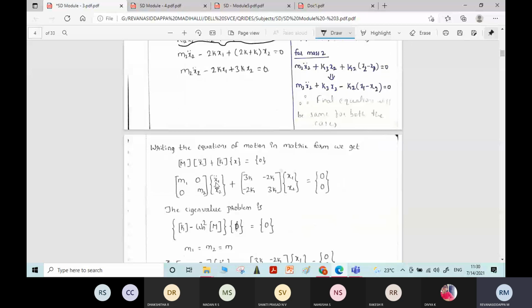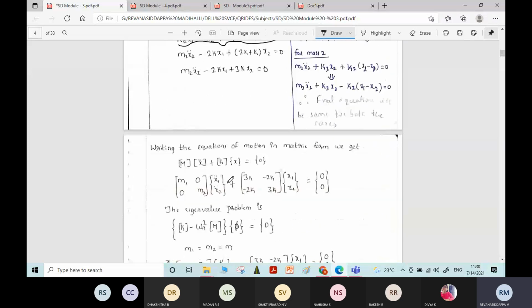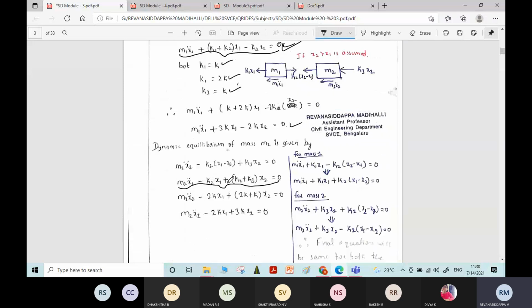Formulate the equation for matrix K. How to formulate the equation? Just by writing the coefficients of x1 and x2 in matrix form, we can formulate the equation.